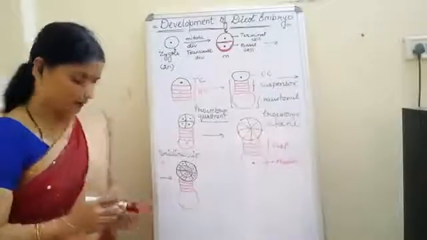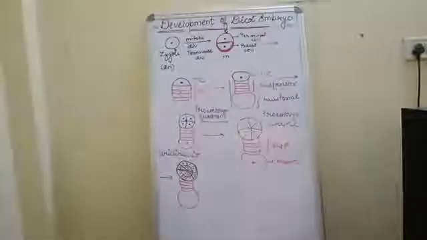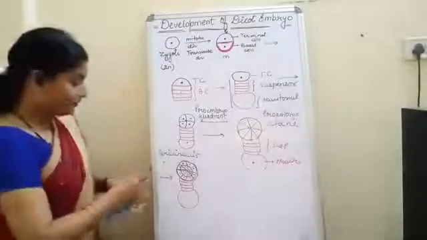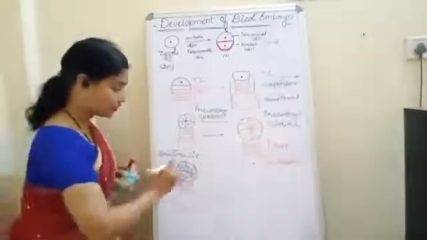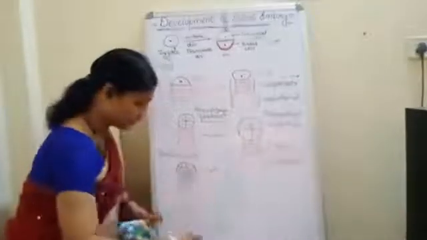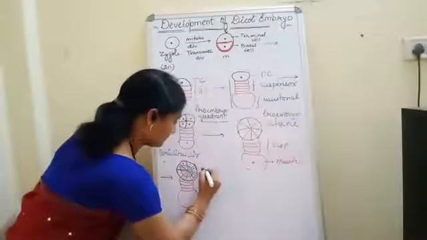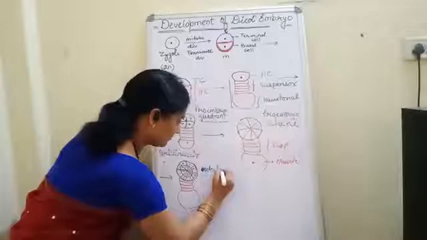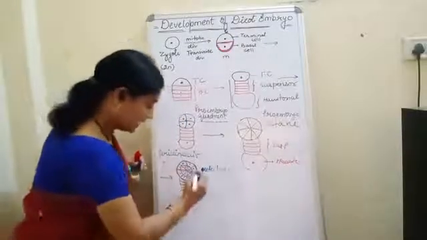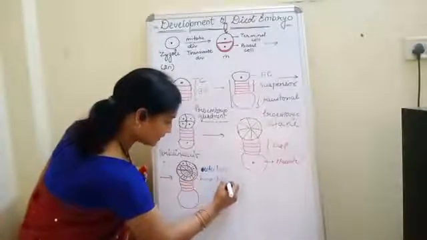Okay. Now see what has happened. After the periclinal division, we have got outer cells. That is, we have got outer layer. Clear? And inside is called as the inner layer.